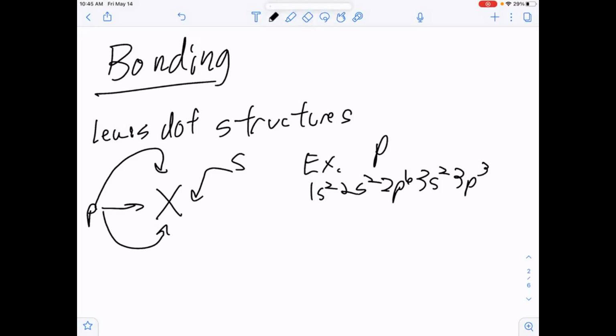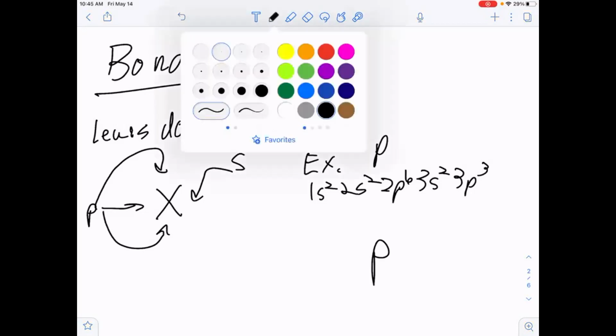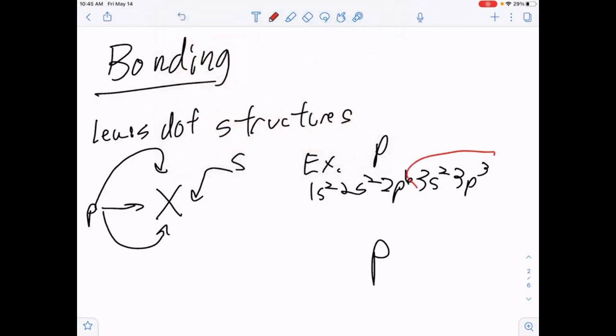You guys can hear me at home okay, right? Okay. So there's my configuration. And Lewis dot structures are only for the valence. So all the s and p's in the outermost level are the valence.